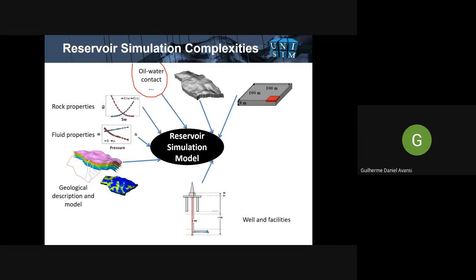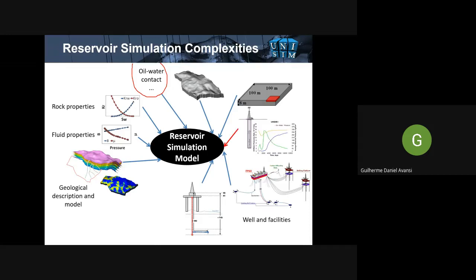We must include well facilities here, well information, the location, and the type of well, geometry, etc., and the facility. And also here, the production curves. Sometimes when I have history data, we must include this historical data also in our reservoir simulation model. And when we have the information from the 4D side, we must include this information too.